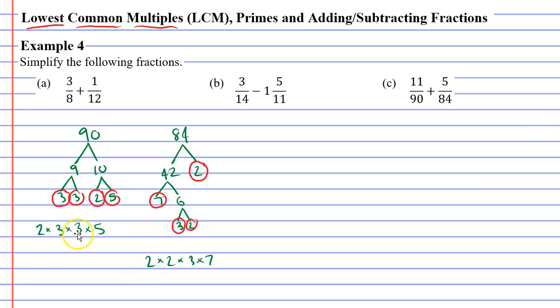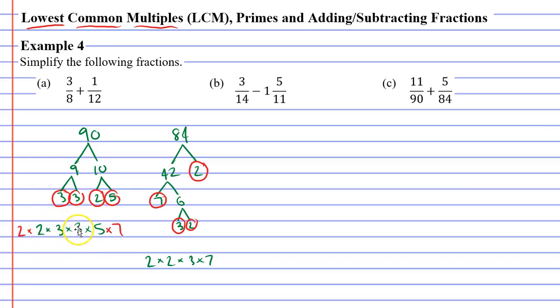Now when we compare our list of prime factors, you'll notice that one of them has a 7 and the other doesn't. So we're going to fix that because we want the same list of prime factors here. You'll also notice that one of them has 2 2's and one only has 1. So we're going to multiply by a 2 over here.